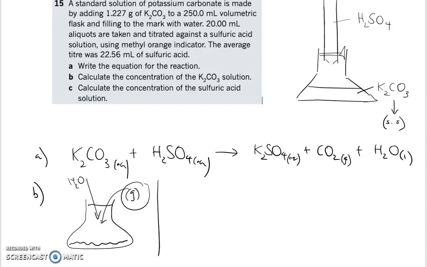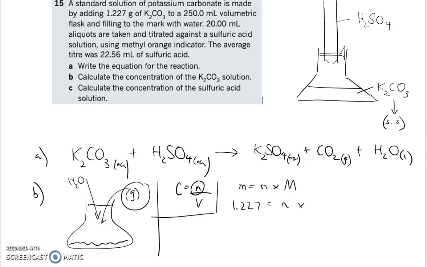So concentration is moles per litre. We don't know the amount of moles of potassium carbonate we have yet, but we can figure that out because we know mass is equal to moles times the molar mass. So the mass of potassium carbonate that we have is 1.227 grams equals the moles, which is what we want to figure out, times the molar mass of potassium carbonate.